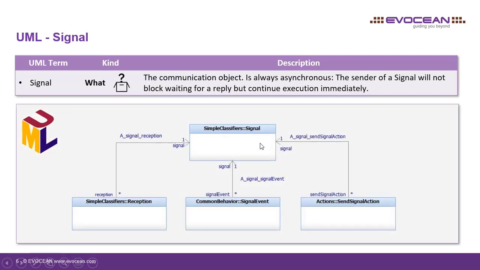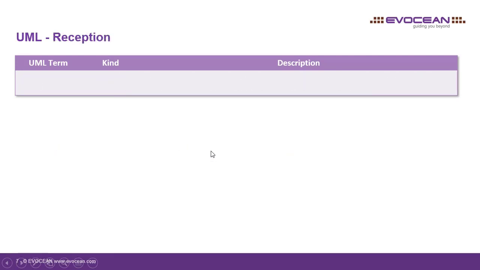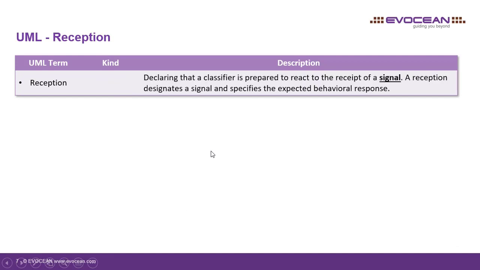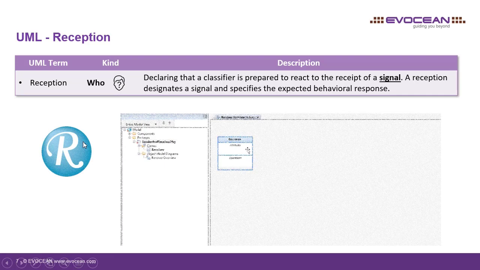So behind every UML signal event or send signal action, there is an associated signal. And with a reception, it is expressed that an object of this class can receive a signal. This is also stated in the UML specification. A reception declares the classifier who is prepared for the reception of a signal. We also know the expression reception in Rhapsody.